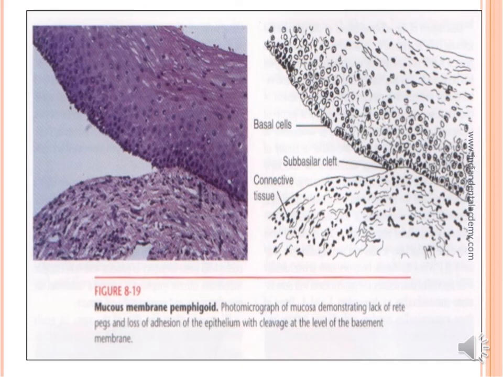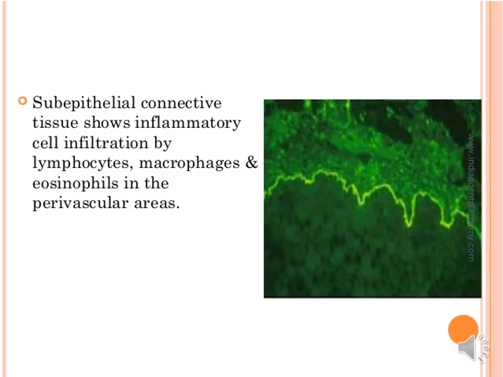We can see in these two figures the histopathology, the basal cells, and clefting between basal cells and the subepithelial connective tissue, a split between them. The subepithelial connective tissue shows inflammatory cell infiltration by lymphocytes, macrophages, and eosinophils in the perivascular area.